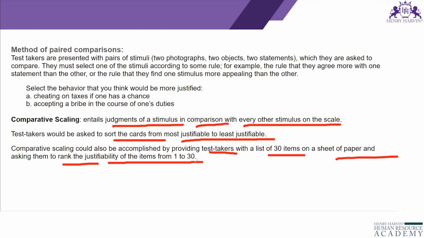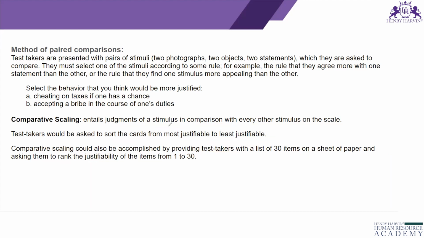When we do that motivation test, this comparative scaling is used. So there is a list of different motivators, which you need to rank according to you. Different ranking needs to be given, like 1, 2, 3, 4, 5. So whichever you think is number 1 motivator as per you, you'll rank it as 1.